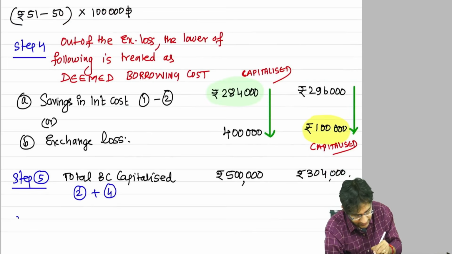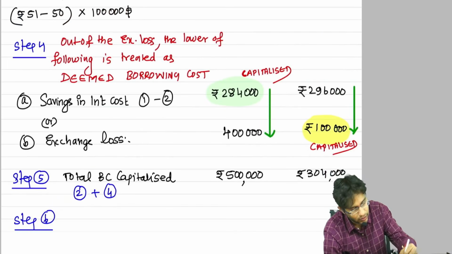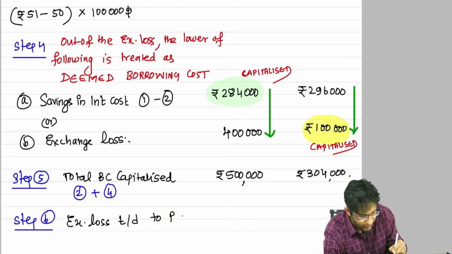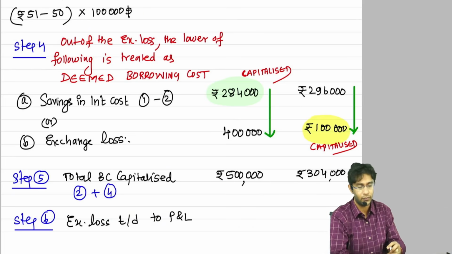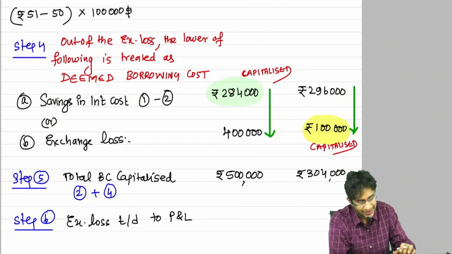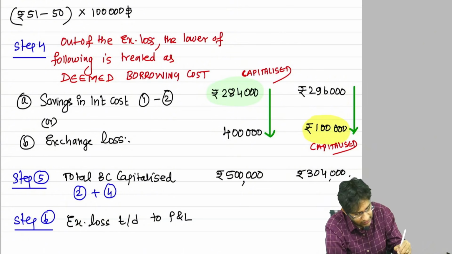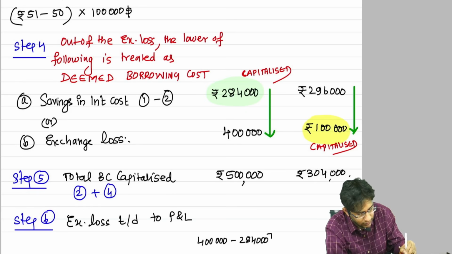Step number 6. What is the amount of exchange loss transferred to P&L account? In case 1, if you observe, when my exchange loss is 4 lakhs, we capitalized 2 lakh 84,000.